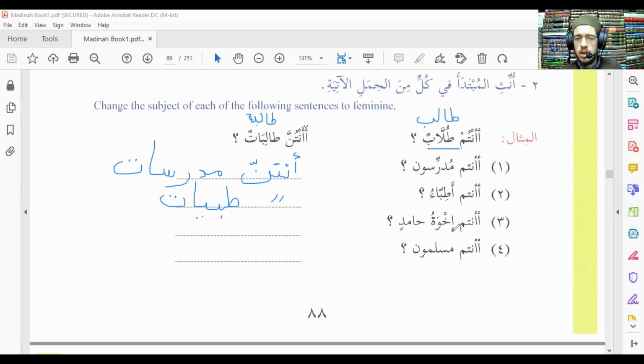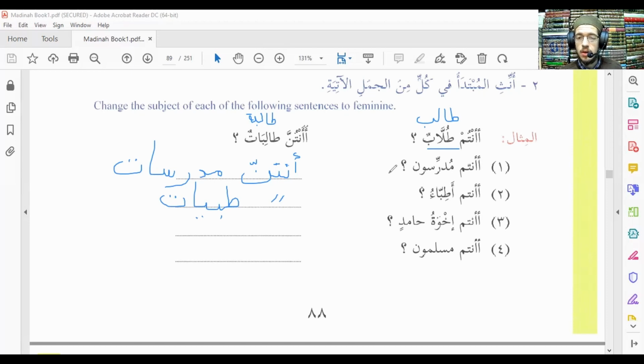Are you all brothers of Hamid? We notice that this is a possessive construction, because a beginning Arabic learner could say, how do we know that we're not talking to Hamid? Antum ikhwatun, antum ikhwa ya Hamid. If we say it like that without the harakat, then it's ambiguous.